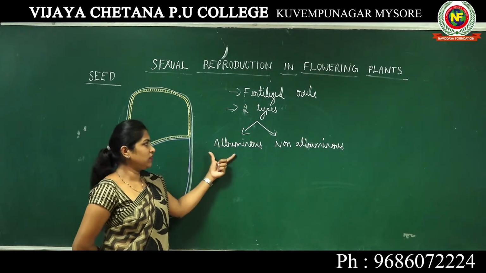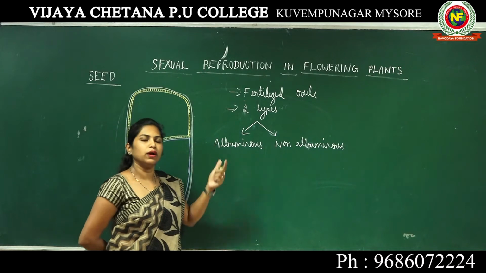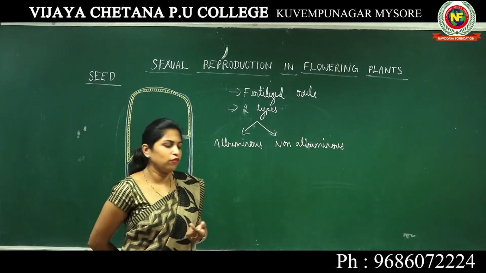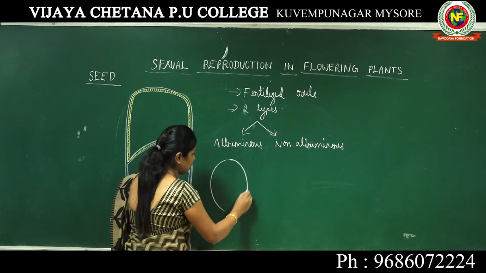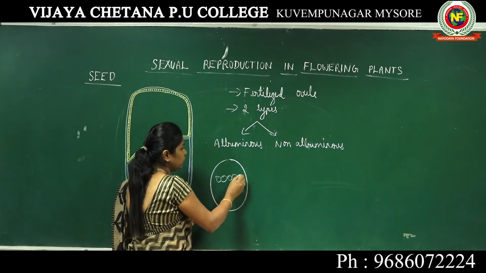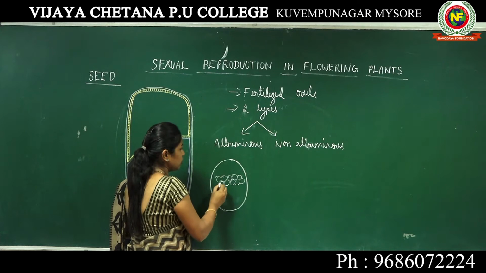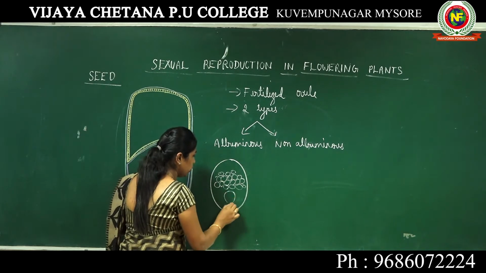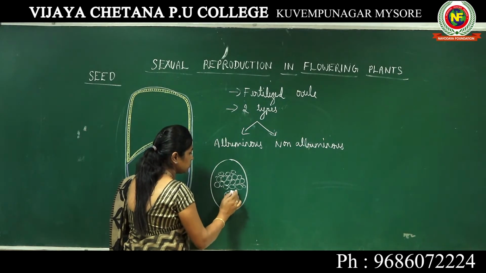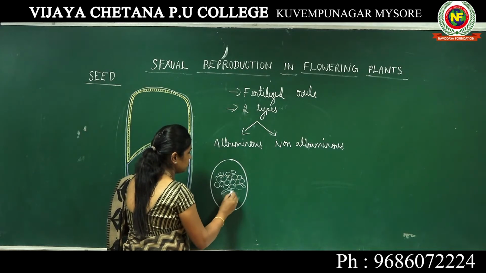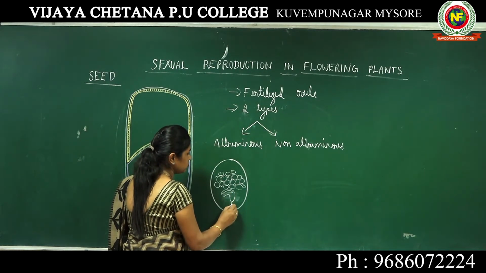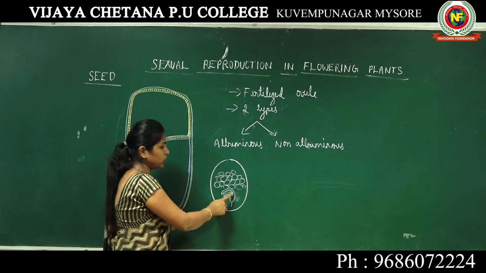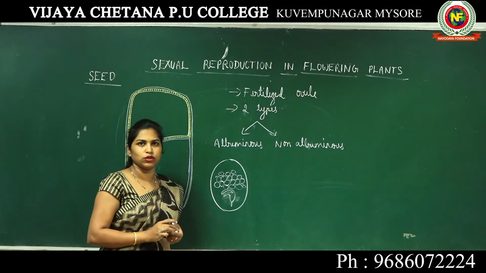Okay, the difference between albuminous and non-albuminous seeds is that the albuminous seeds have some amount of endosperm present inside the seed because the complete endosperm is not utilized by the developing embryo. I have mentioned while explaining embryo sac that in this part where the primary endosperm cell was present, they develop into endosperm. When the embryo is formed, this embryo is given nourishment by this endosperm tissue.